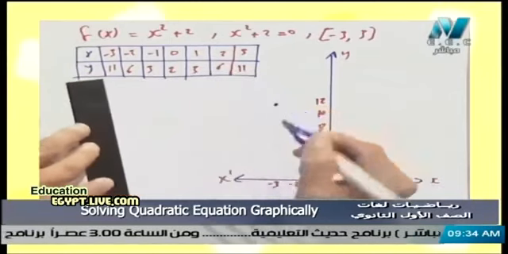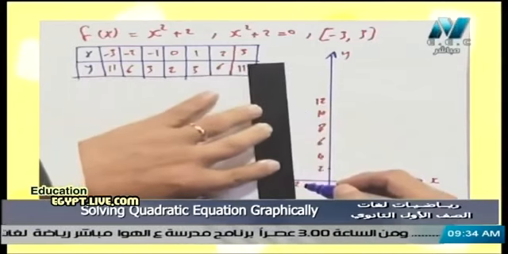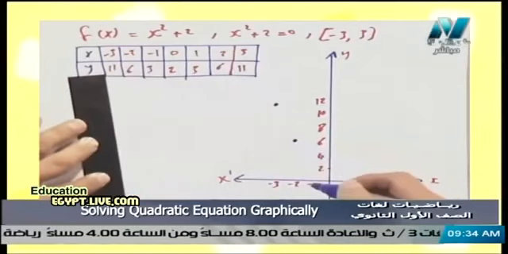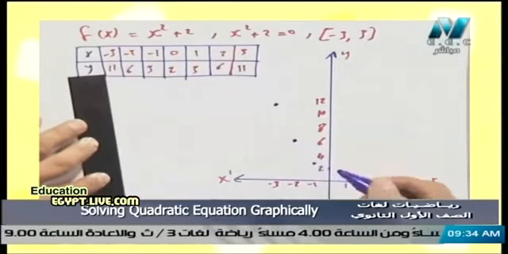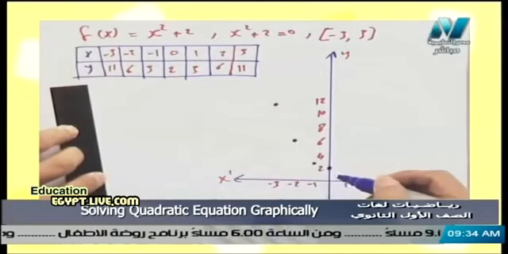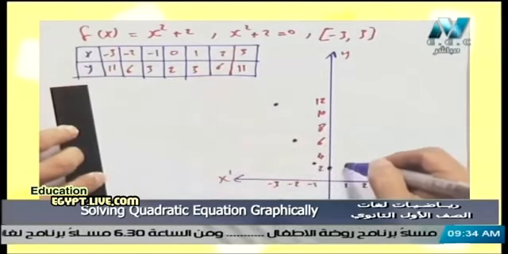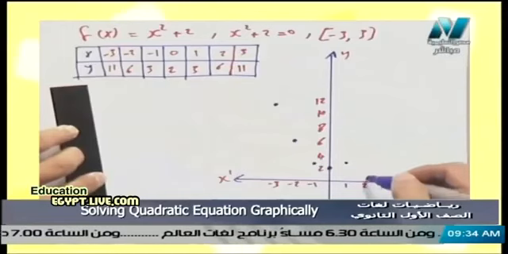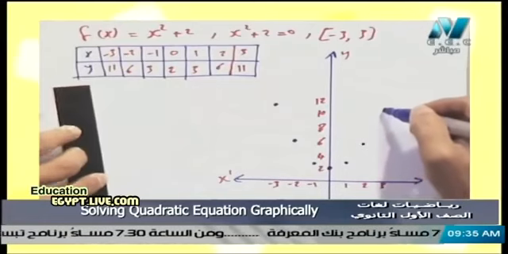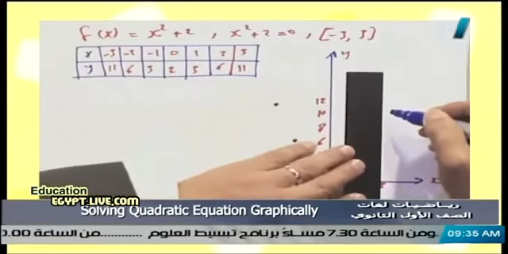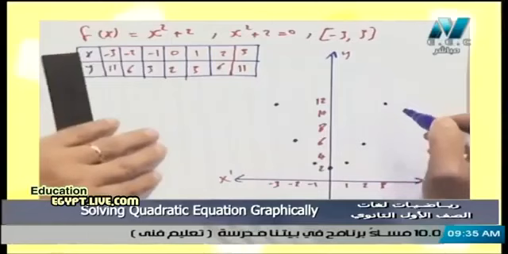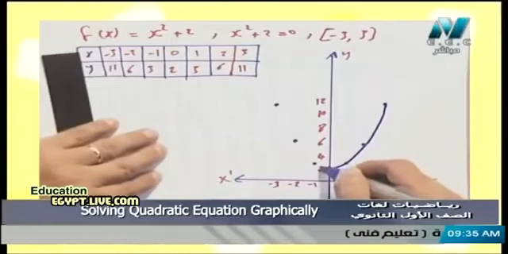This is the point. -2 and 6 will be this point. -1 and 3 will be this point. 0 and 2 here will be this point. 1 and 3, 2 and 6, like that. 3 and 11, just in the middle between 10 and 12. And we will graph using hands.